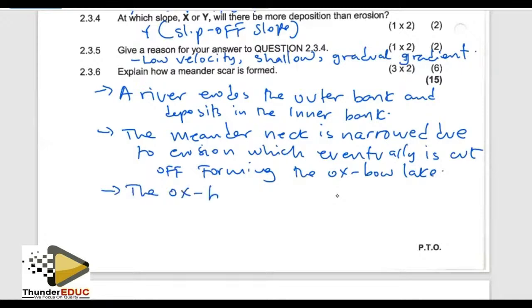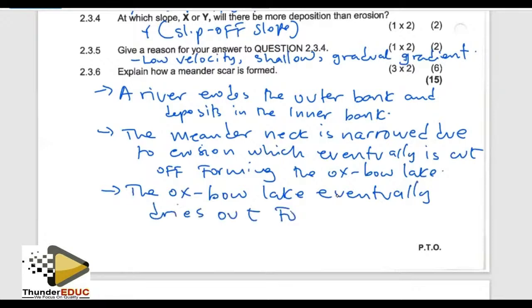The oxbow lake eventually dries out, forming a meander scar.